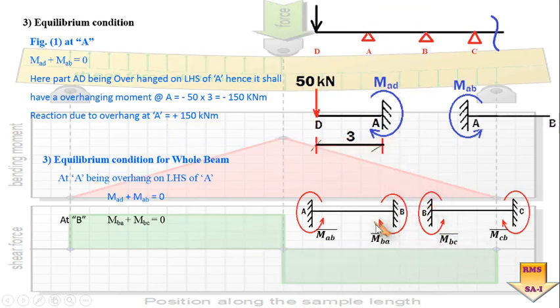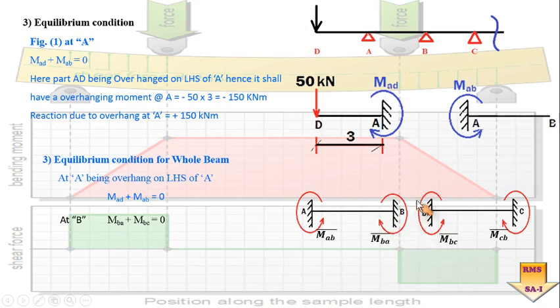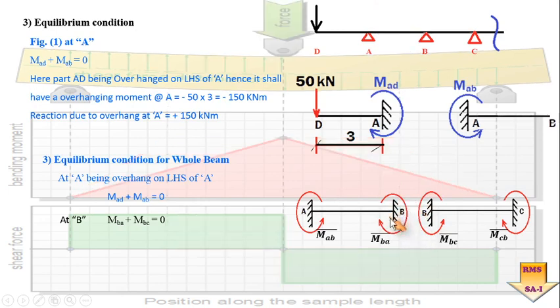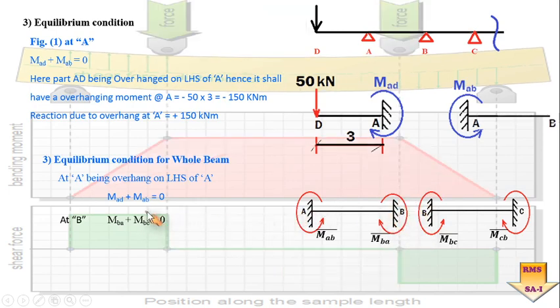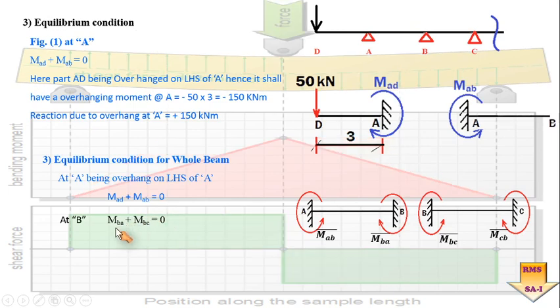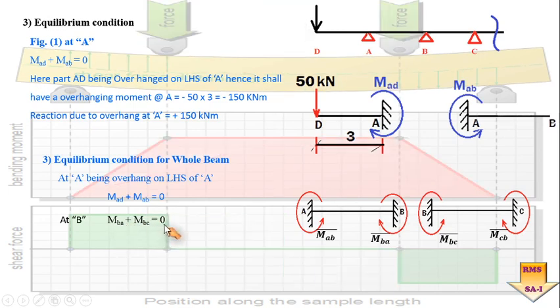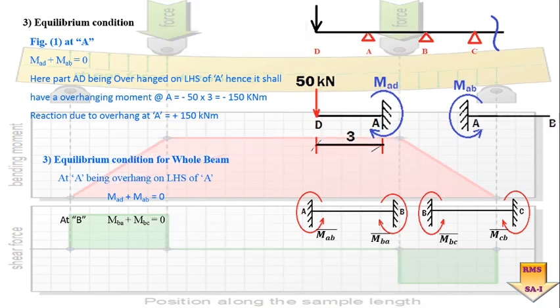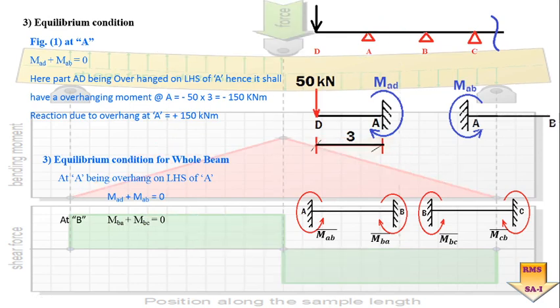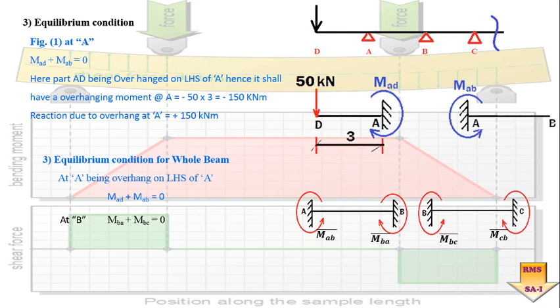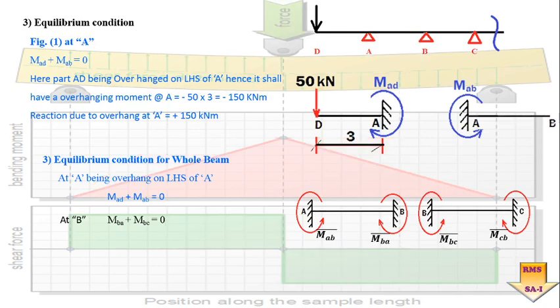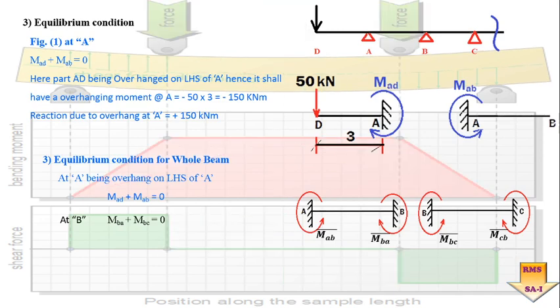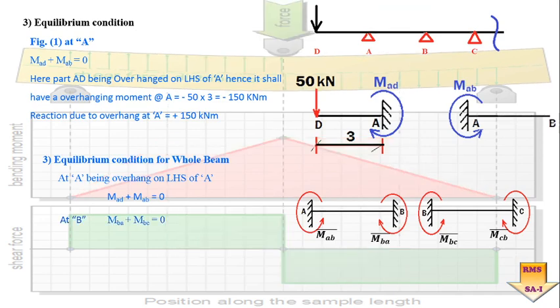Is it okay? So the resultant couple about this particular joint B has to be equal to 0. After substituting these values into MBA plus MBC is equal to 0, you will get a set of simultaneous equations, and we can solve them for the unknown or redundant displacements. So this is the equilibrium condition happening in this particular type of beam.